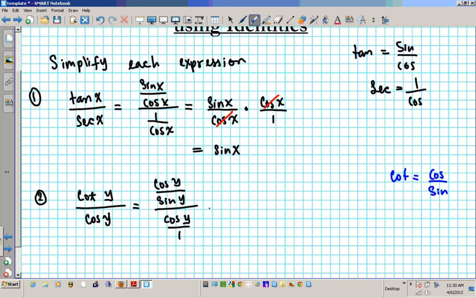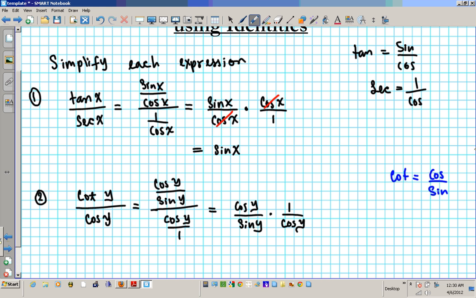Whenever you're dividing two fractions, you multiply the fractional numerator by the reciprocal of the fractional denominator. So I'm going to rewrite the numerator as cosine y over sine y. That's the top. Multiply by the reciprocal of the bottom, 1 over cosine y.